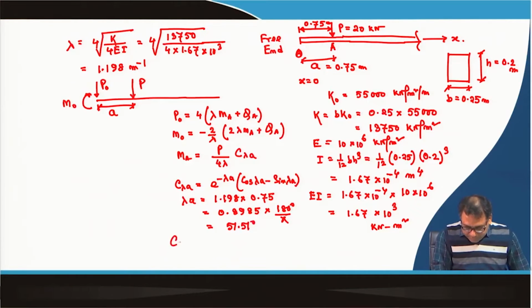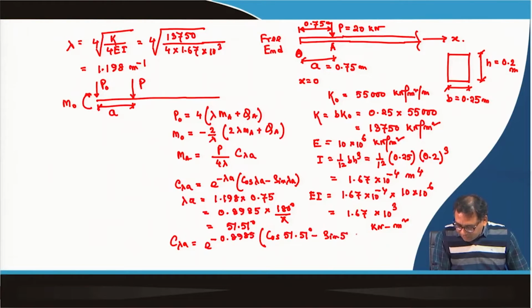Now, if I calculate C lambda A, that will be e to the power minus 0.8985 times cos 51.51 minus sin 51.51 degrees. So, this is equal to minus 0.0653.